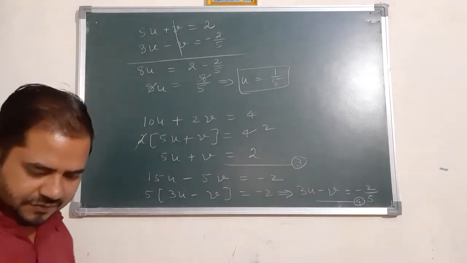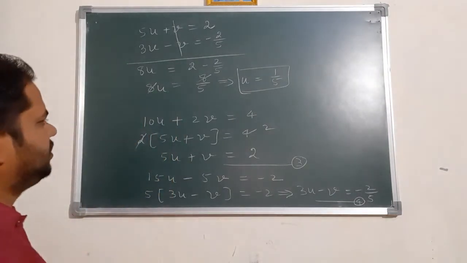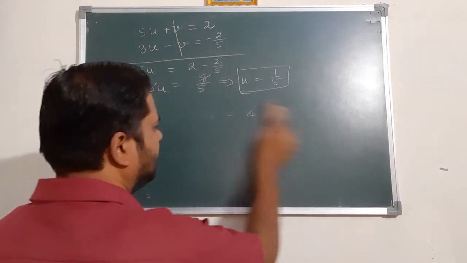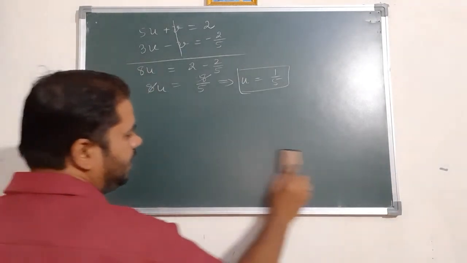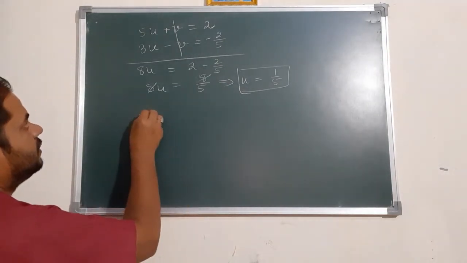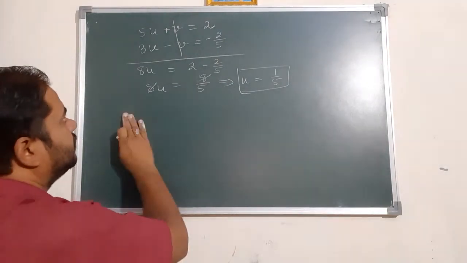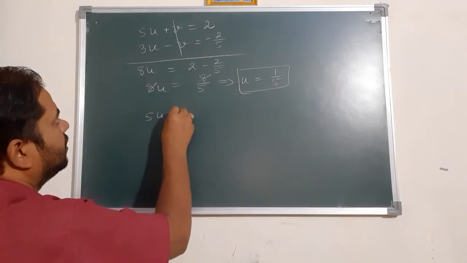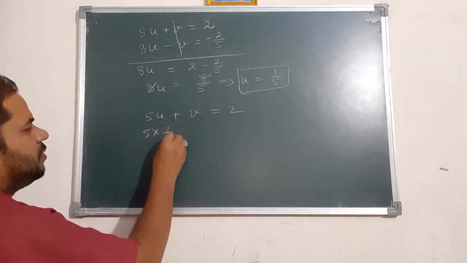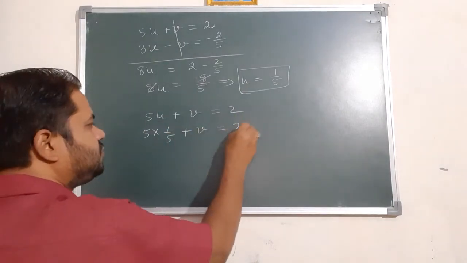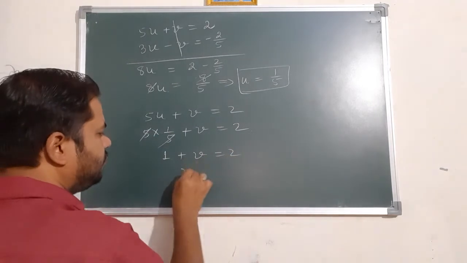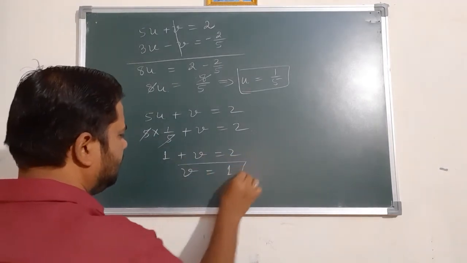Now putting the value of u in any one of the equations, you will get the value of v. 5u plus v is equal to 2. So u is 1 by 5, 1 plus v is equal to 2. So v is nothing but 1.